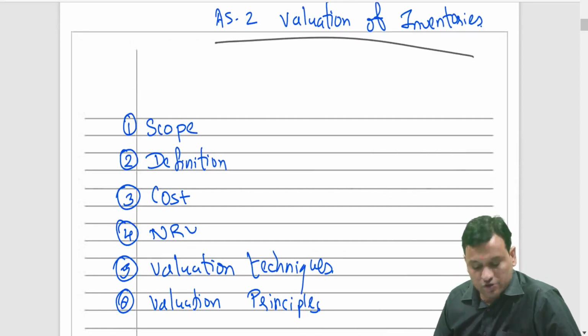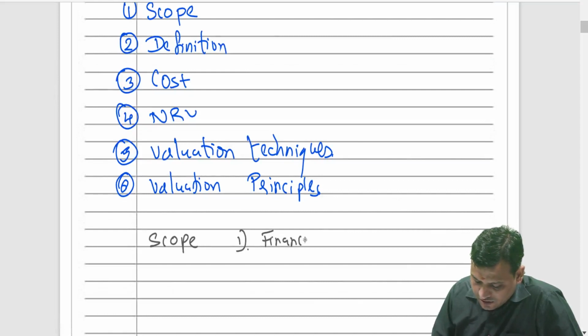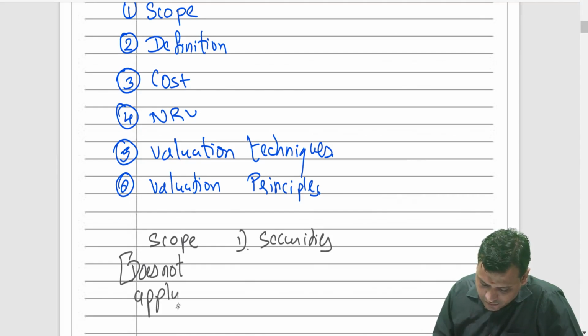students. First of all, the scope, you just have to remember it does not apply to financial instruments held for sale, or rather than writing this big word, I will just say shares and securities held for sale. When I say scope, it does not apply to securities held for sale.